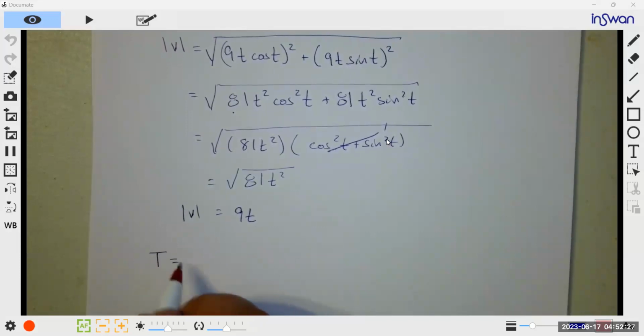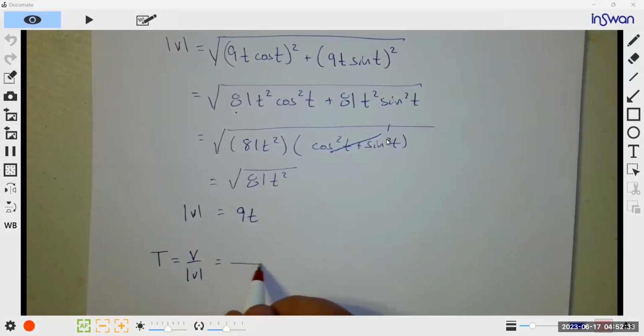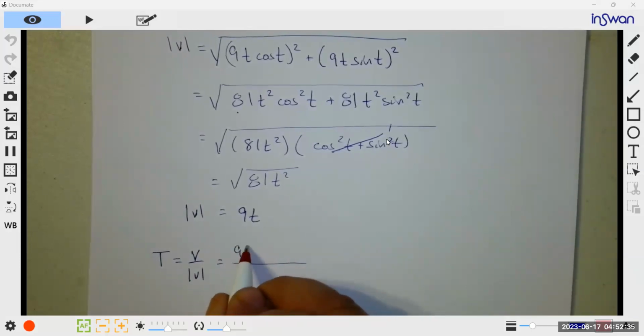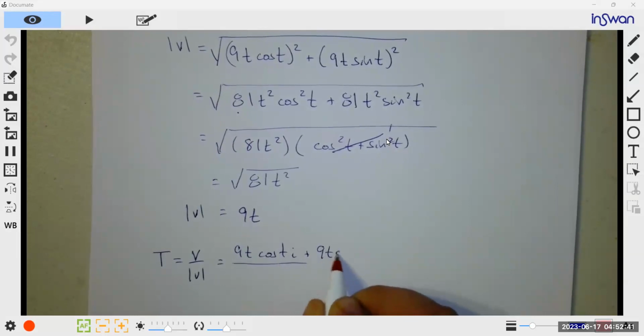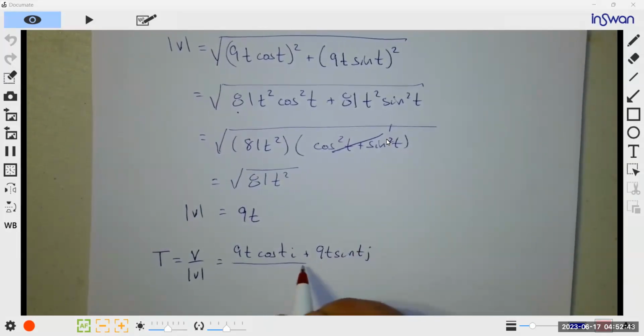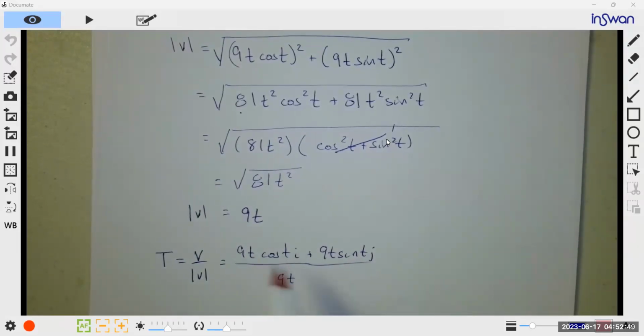So to find T, it's v over the magnitude of v, which is 9t cosine t i plus 9t sine t j over 9t. The 9t's cancel, or I can factor them out.